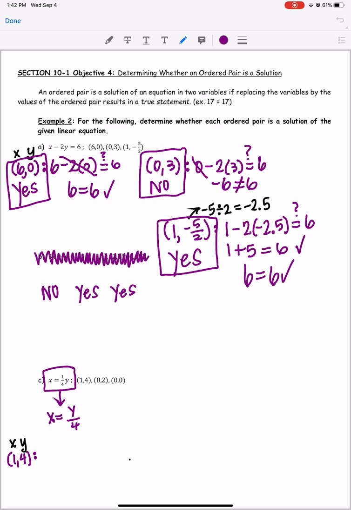So when we plug it in, you got x equals, my x is 1, so 1 equals y over 4. My y is 4, so we get 4 over 4. And the question is, do these equal each other? Well, 4 divided by 4 is 1, and so we do get 1 equals 1. So this one here is a yes.